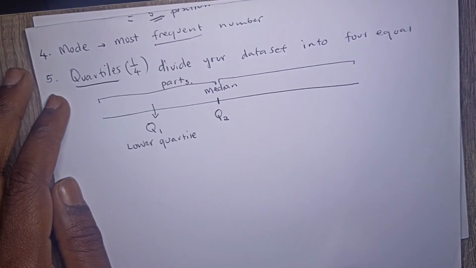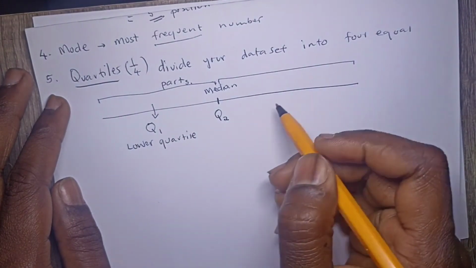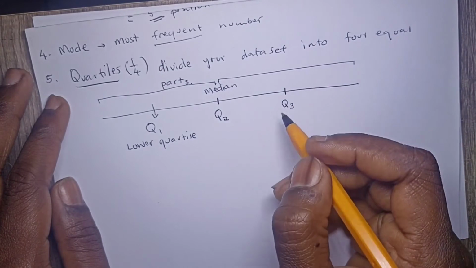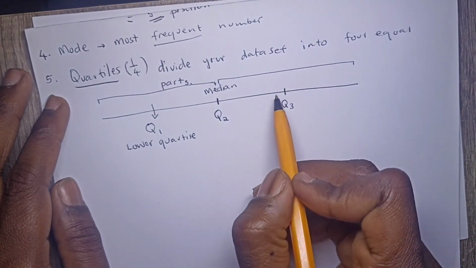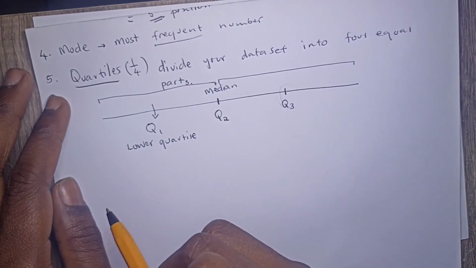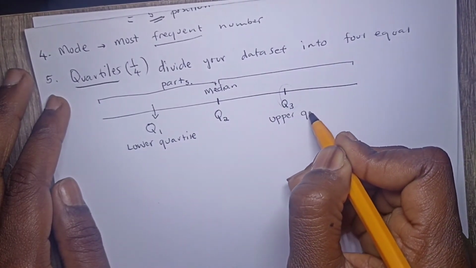It is actually the middle term of the first half. And then Q1, Q2, and obviously what will follow is Q3. Q3 is the middle term of the second half of the data set. We call it the upper quartile.